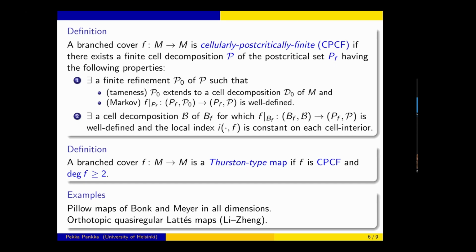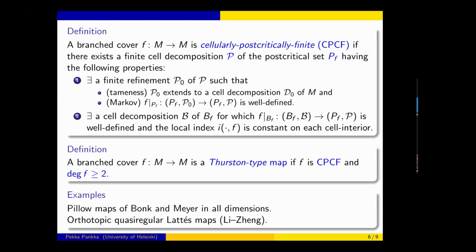The second condition is a little bit of a technical condition, but when you start to work with these things, this is very handy to use. The reason is that we want the cell decomposition P we start with to be natural from the point of view of the branching of the map.